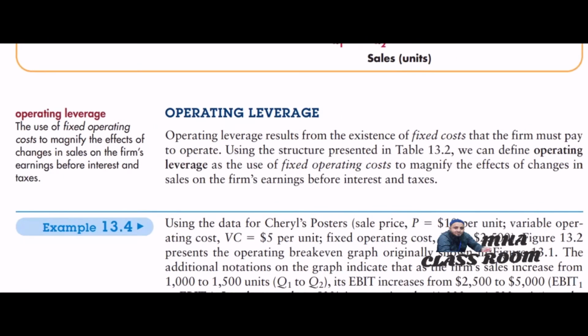So operating leverage is the use of fixed operating costs to magnify the effects of changes in sales on the firm's earning before interest and taxes. It says that the use of fixed operating cost, why use? To magnify the effect of changes in sales on the firm's EBIT.